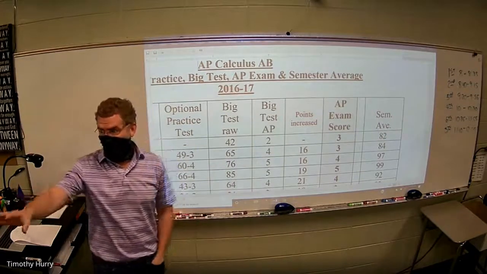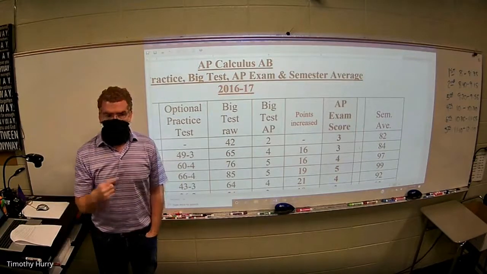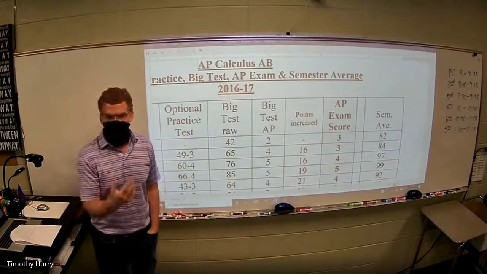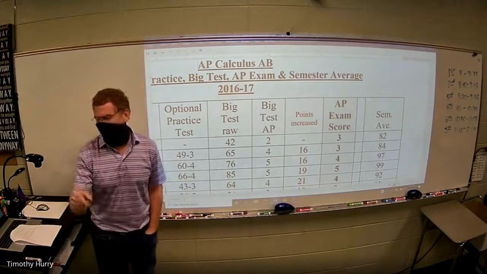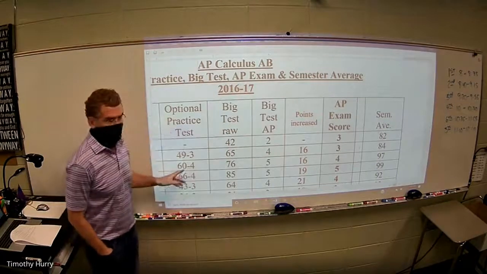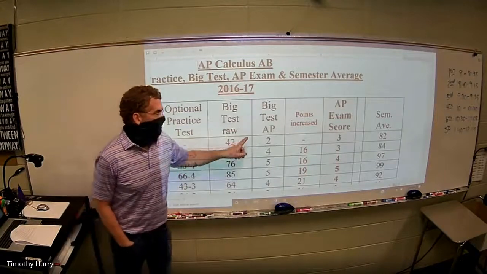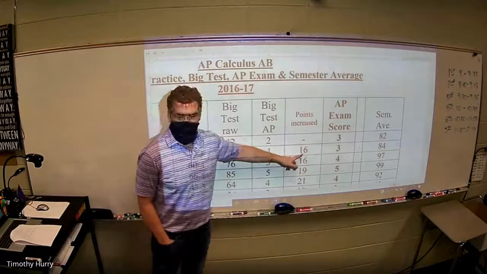I usually did it on that snow day. You're starting practice tests in March, okay? So they had already gone through the material a bunch before they ever took that practice test. Yours very likely, because we're doing it so early, your scores may be a little lower than this. But just look from one practice test to my big test, the jump in points that we saw.